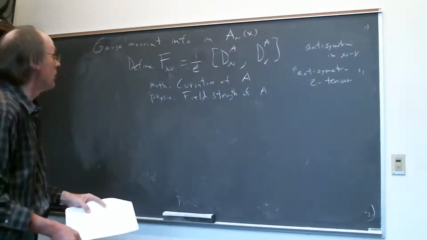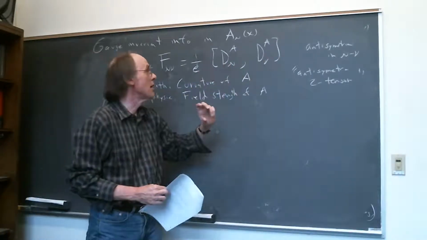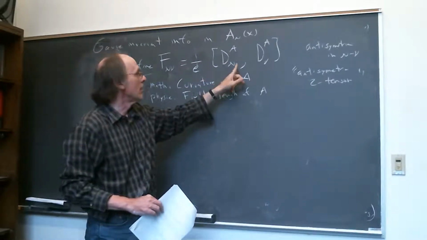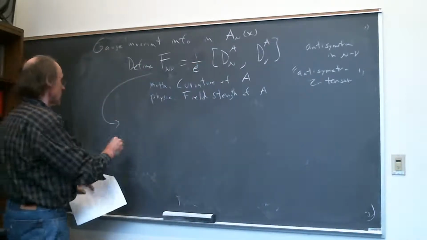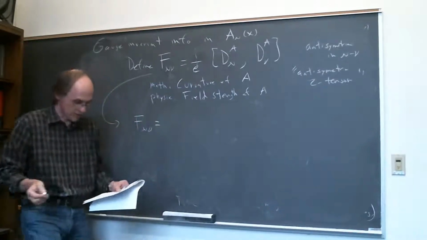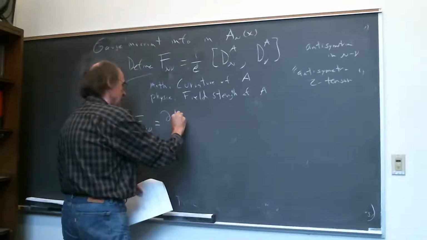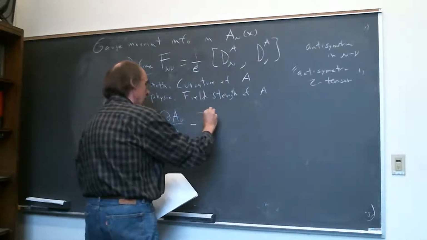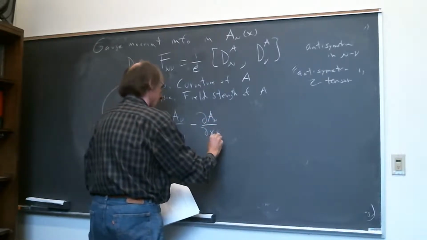Okay, and then more explicitly, if you actually compute this and use the fact that the A's commute and you have the equality of mixed partial derivatives, you end up with this expression, which is a simpler one that you'll often see people defining it this way: the derivative of A nu with respect to x mu minus the derivative of A mu with respect to x nu.